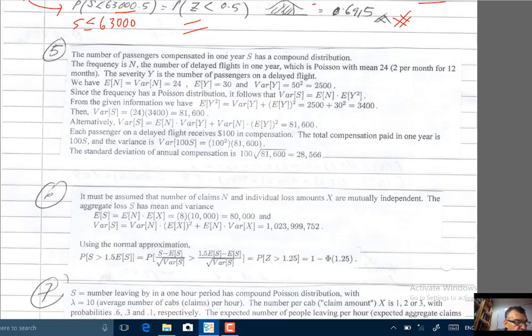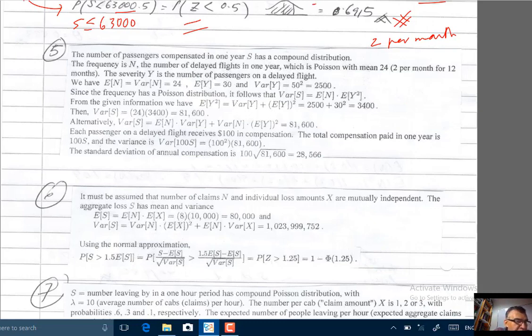Flights are delayed at a Poisson rate of 2 per month. Each passenger on a delayed flight is compensated 100 bucks. The numbers of passengers on each flight are independent and distributed with mean 30 and standard deviation 50.